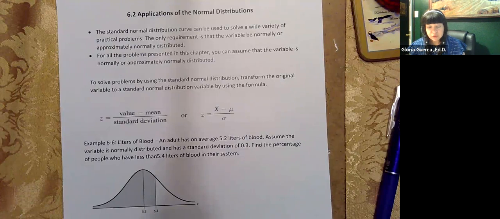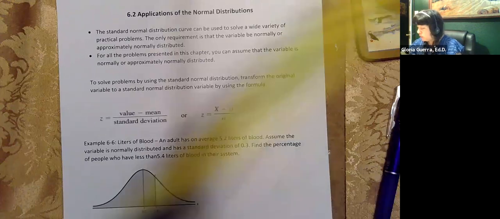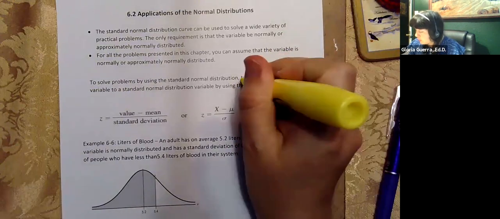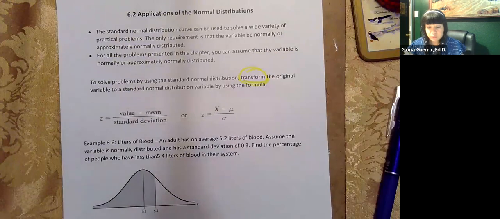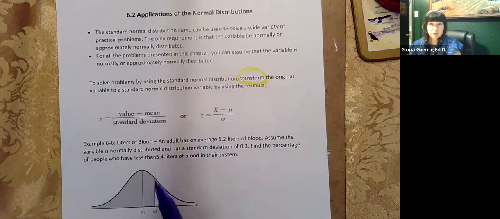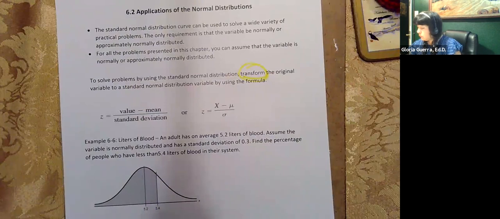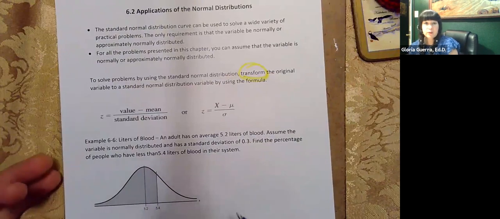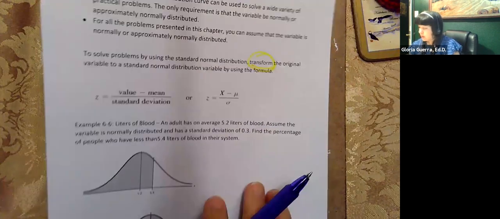So it says to solve problems by using the standard normal distribution, transform. That's going to be really important. You can't forget to do that. Transform the original variable to a standard normal distribution variable by using this formula. This formula, you've seen first in chapter 3, and then when I was talking about 6.1, I brought that up again.